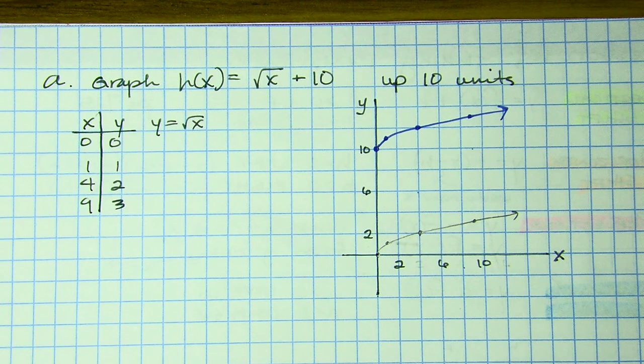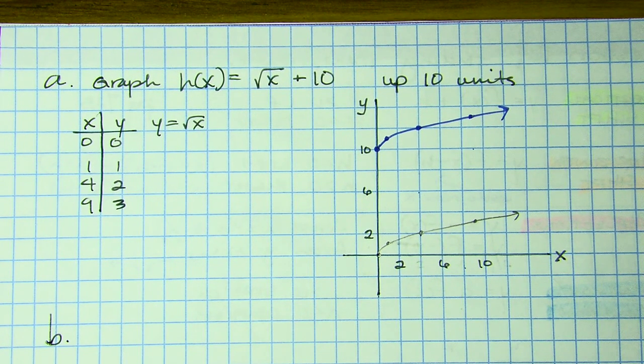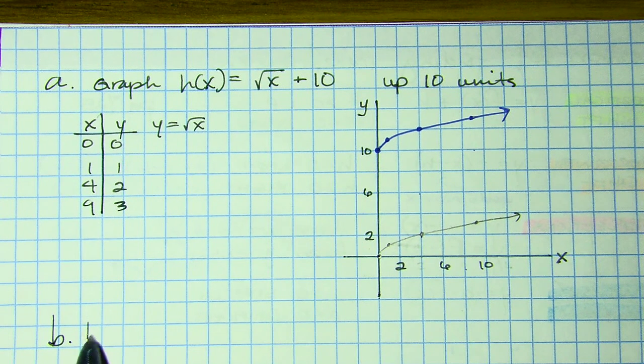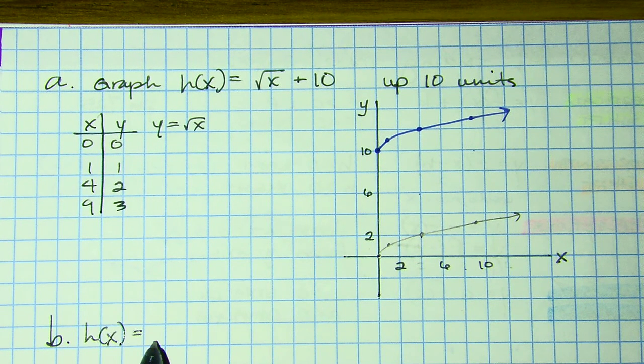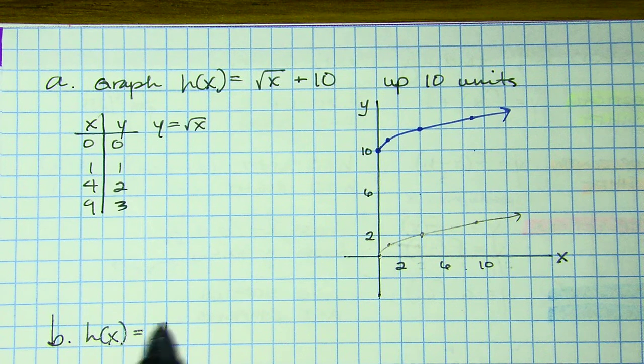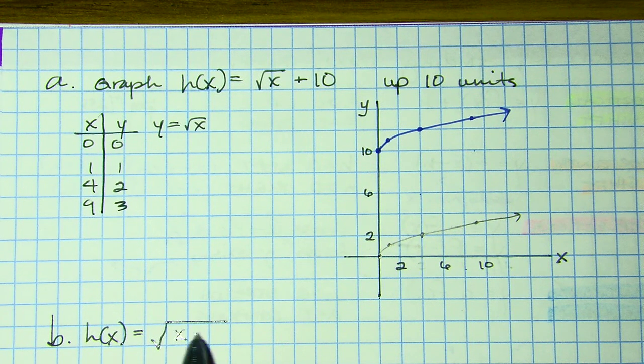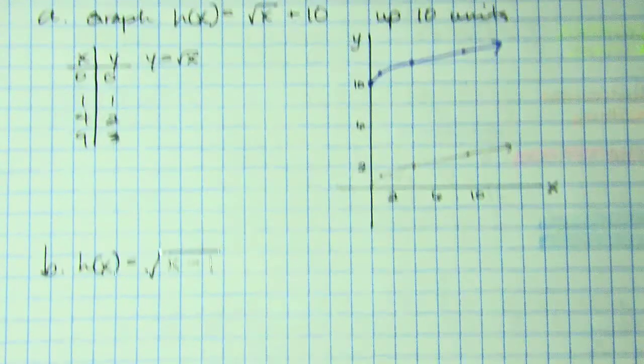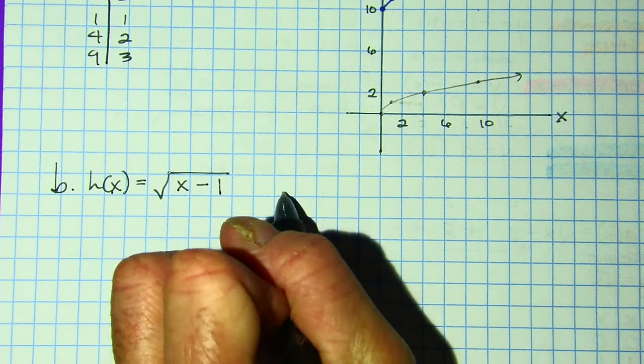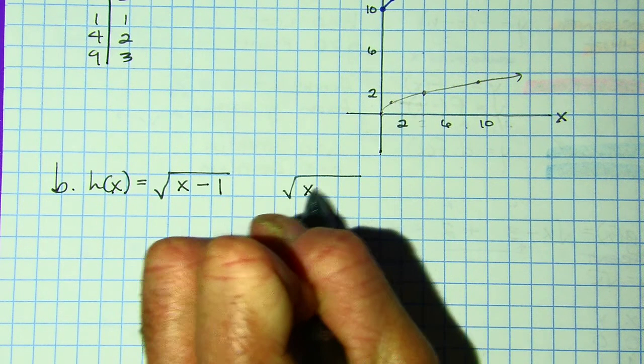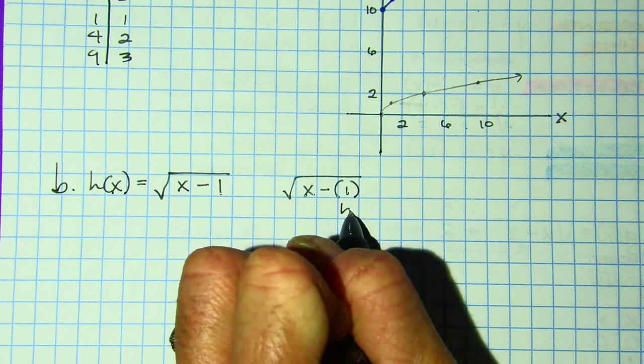Part B is h of x is the square root of x minus 1. And so because this is on the inside, h is a positive 1.